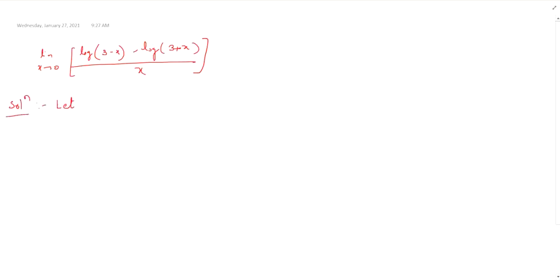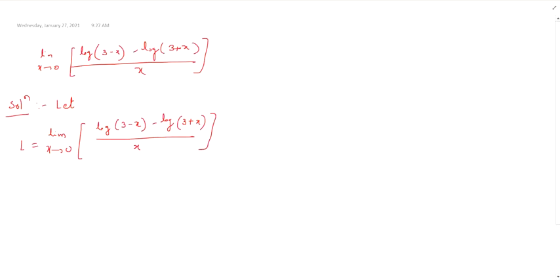Let L be equal to limit x tends to 0 of [log of (3 minus x) minus log of (3 plus x)] upon x, bracket complete.